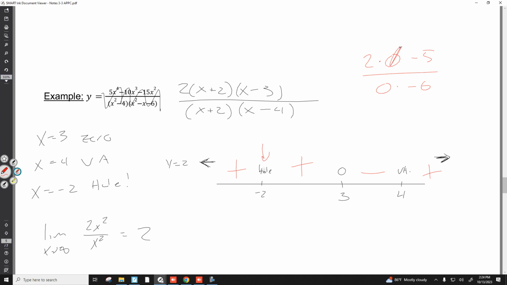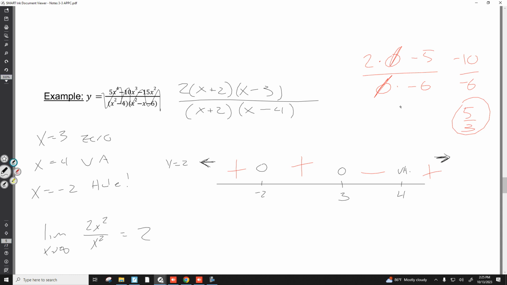These factors close to 0 cancel. I get -10 over -6, which is 5/3. Now 5/3 is below 2. So boom, you got that.